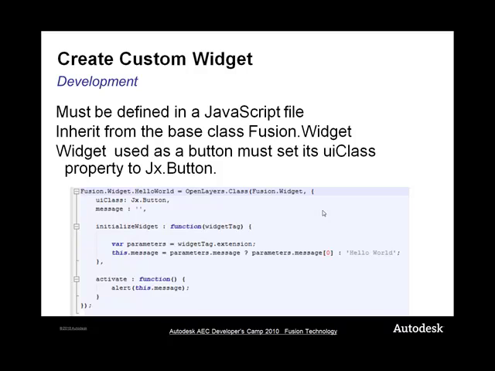Custom widgets must be defined in a JavaScript file and inherited from the base class Fusion.widget. A widget used as a button must set its UI class property to gx.button. Here is a simple example.